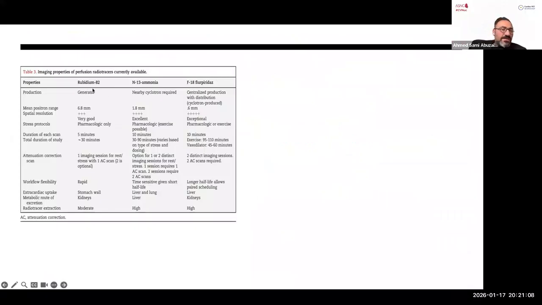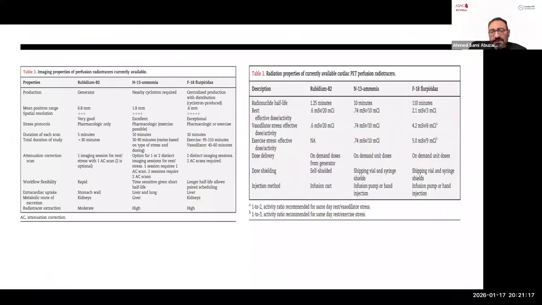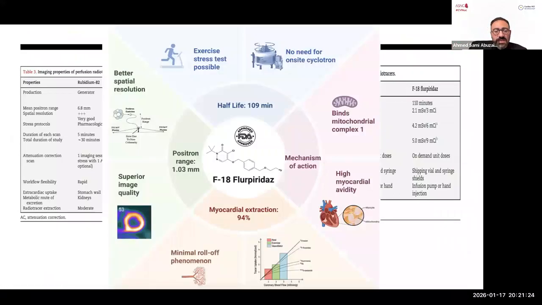For the first time in maybe 25 years, we finally have a new tracer that we think can move the needle in terms of clinical application. Why is that? It has high image quality, as you can see with the characteristics. I like this slide because it tells us F18 flurpiridaz has one of the highest myocardial extractions because it binds to the mitochondrial complex, leading to high myocardial avidity, and we don't need a cyclotron.